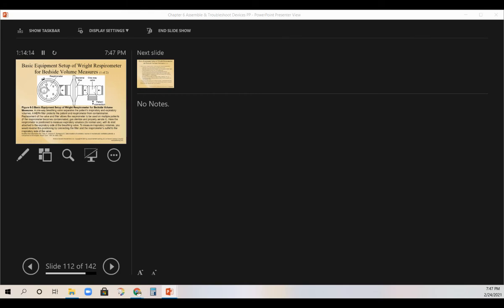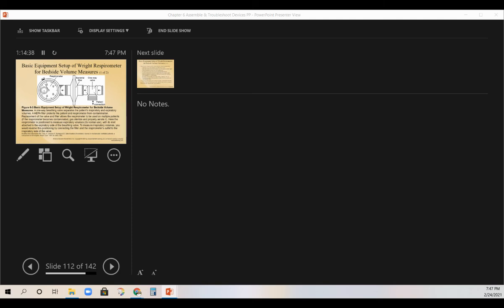You use it with a bacterial filter. Here's a one-way valve. Here are your pressures, volume measurements. So with a one-way breathing valve, like I just said, you have inspiratory and expiratory volumes. You want to protect from contamination because it might be used on multiple patients. This is not just a one-time use.